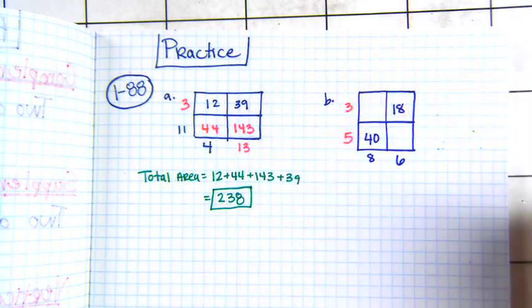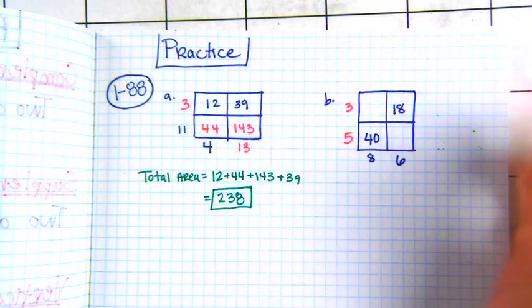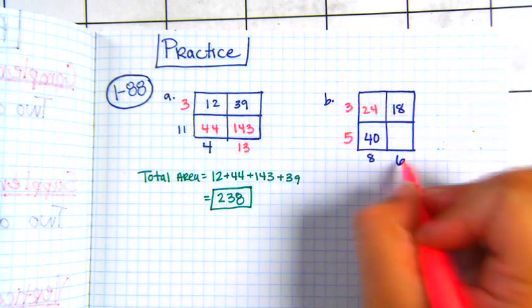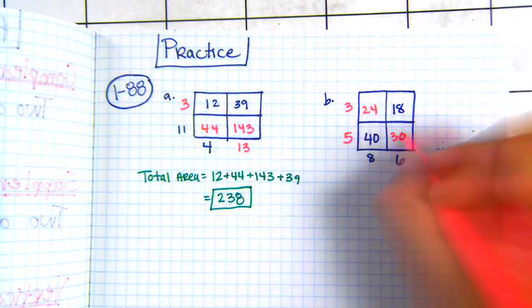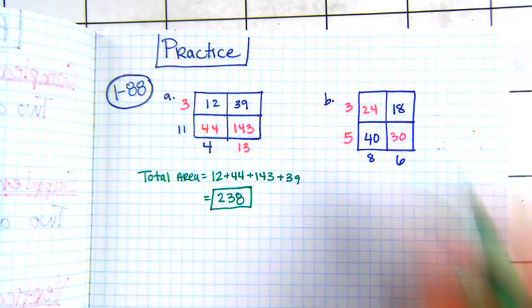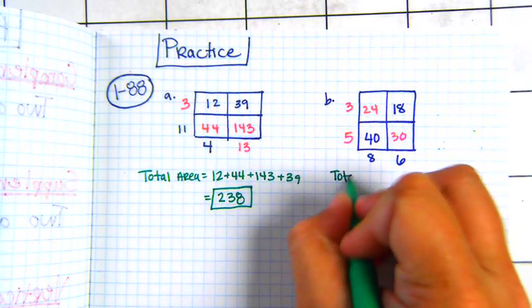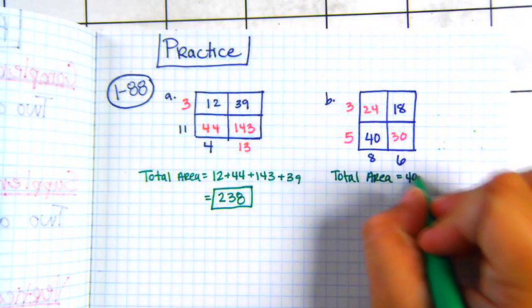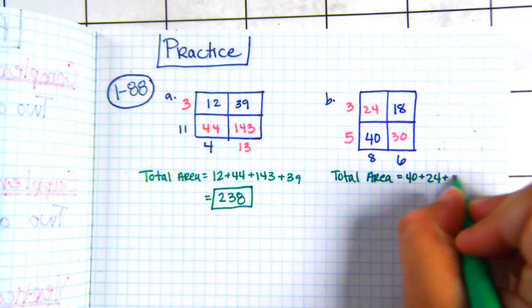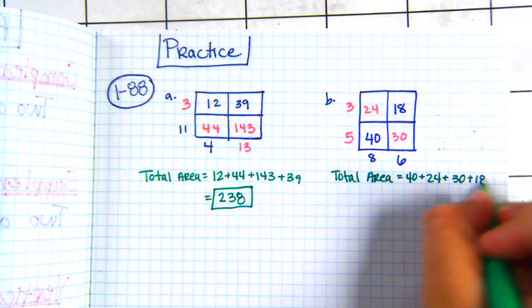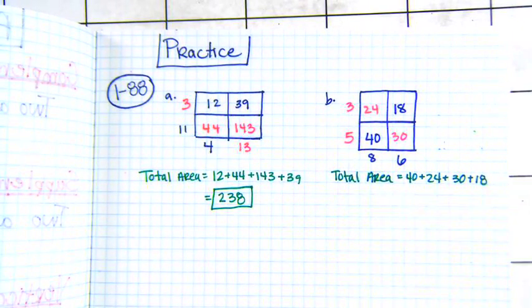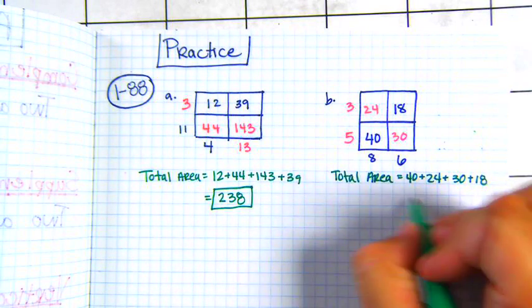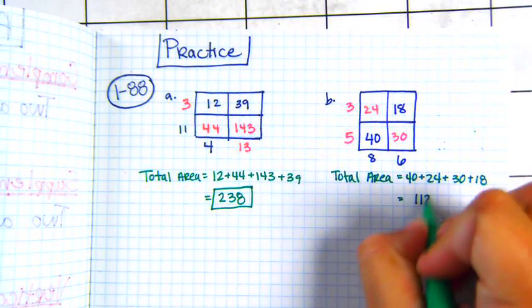That'll be a 3. 8 times 3, 24. 6 times 5 is 30. So again, we're going to add up the insides. And when I put that in my calculator, that's going to equal 112.